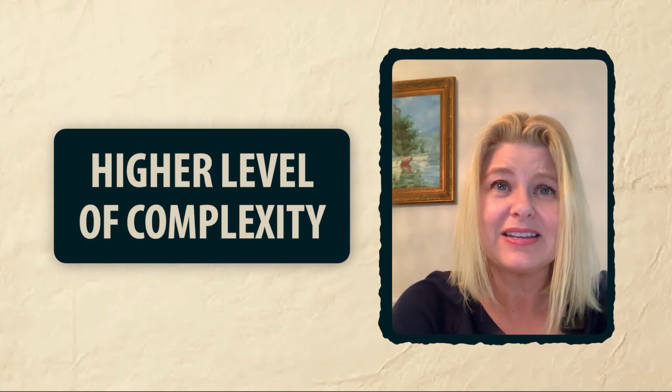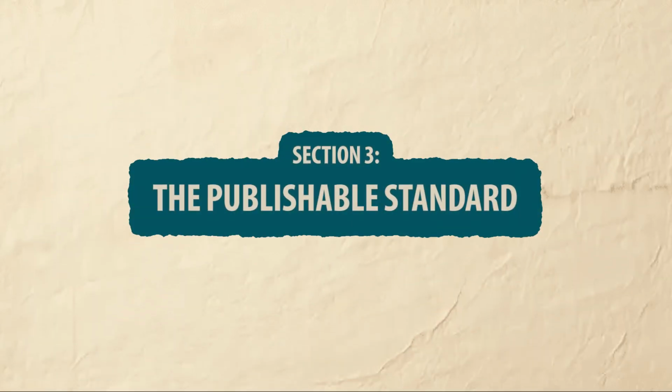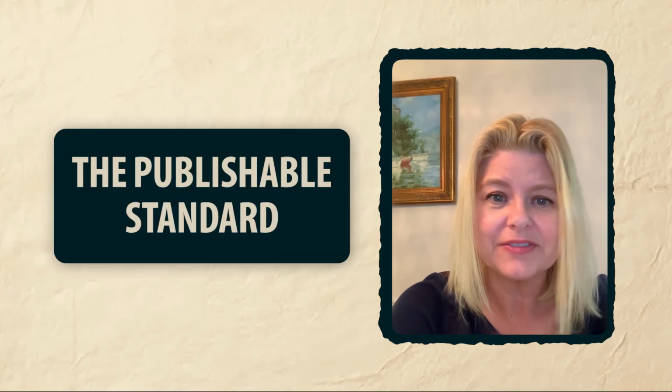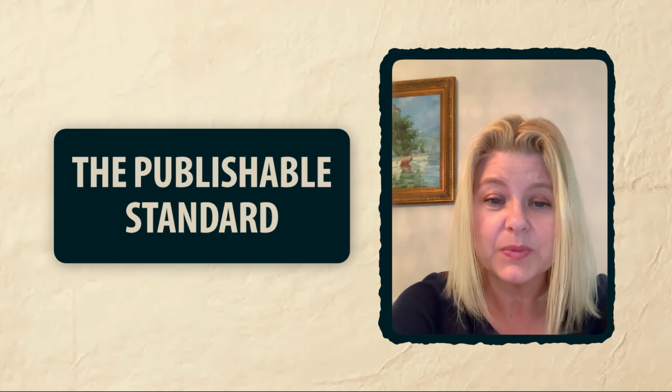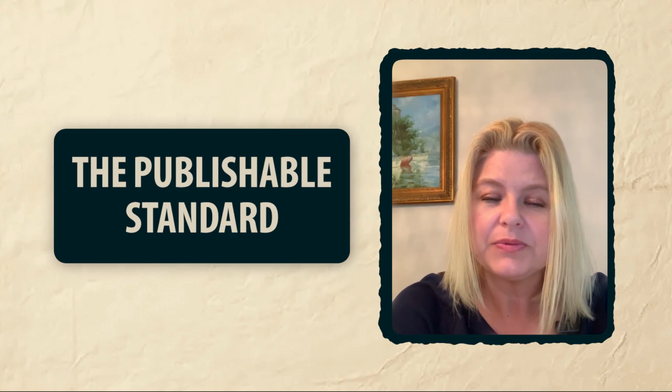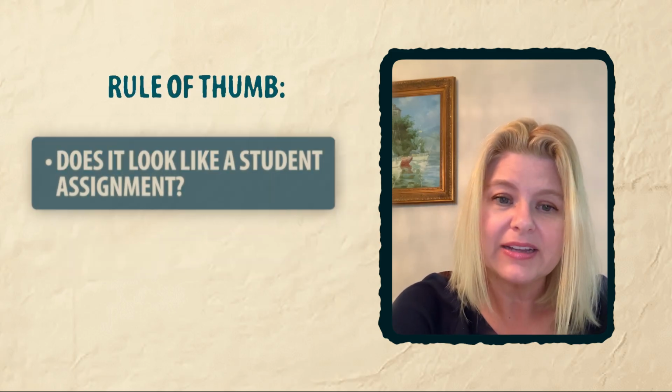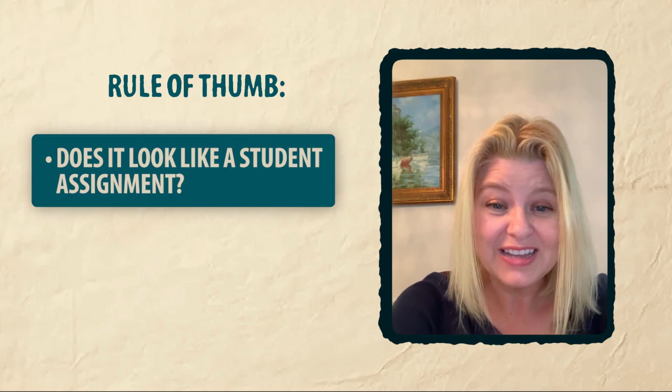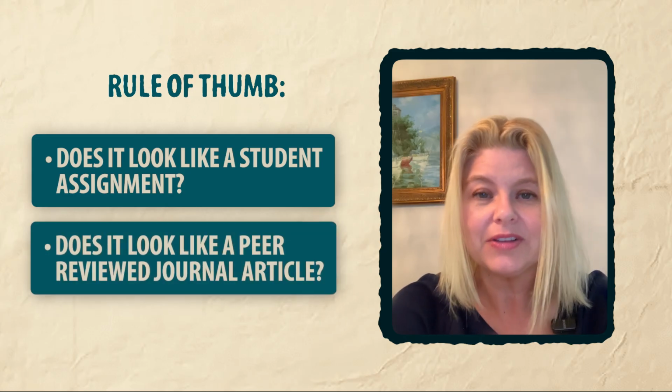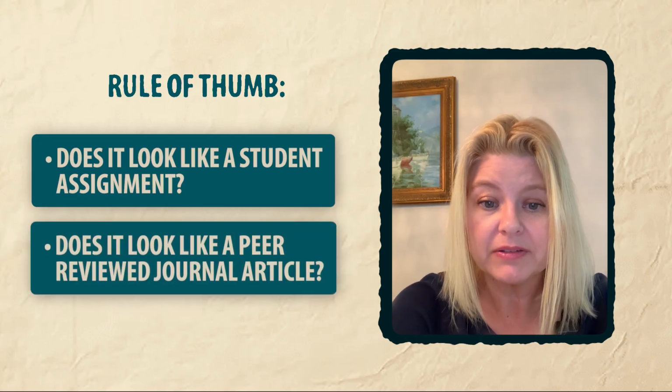And something else to think about is, what should the final product look like? What does good editing look like? How do you know if your project, your study, your dissertation looks like it is well edited? One easy rule of thumb for gauging that is, does it look like a good assignment that you've done, or does it look like something that would be published in a peer-reviewed journal?